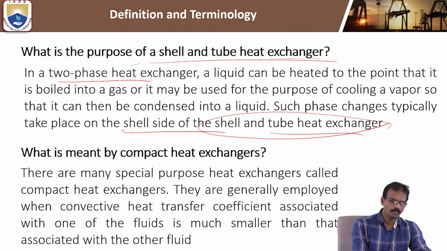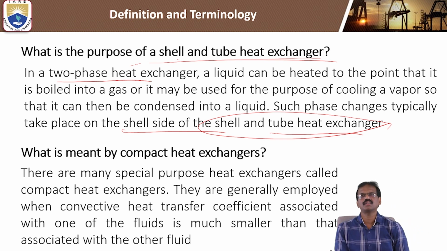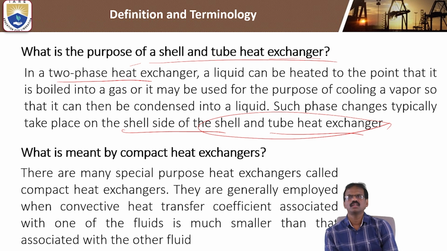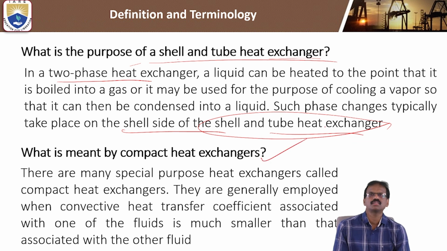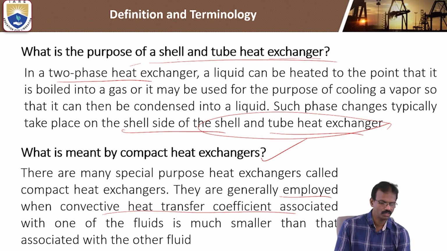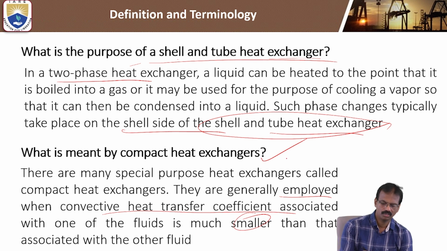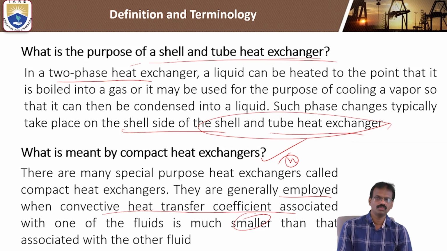Okay. Next one, what is meant by compact type heat exchanger? A compact type heat exchanger is a specially designed type of heat exchanger where a high rate of heat transfer is required. We choose this type of heat exchanger, specially purpose-designed. These are generally employed when the convective heat transfer coefficient associated with one of the fluids is much smaller than that associated with the other fluid.